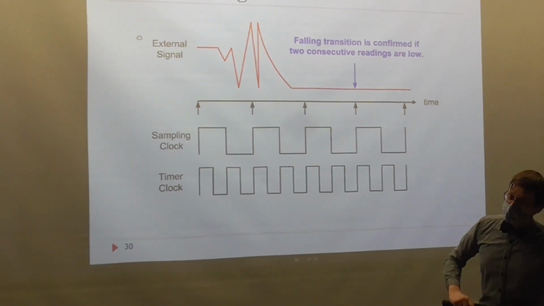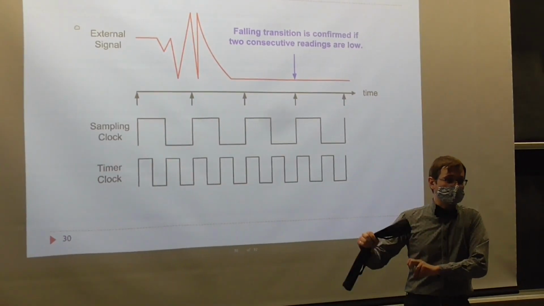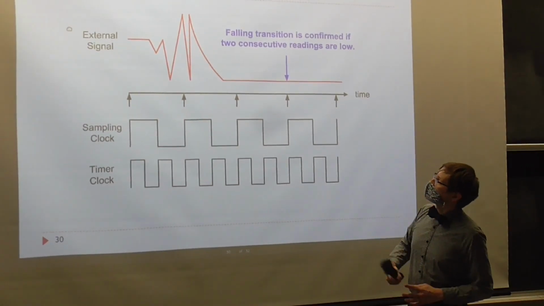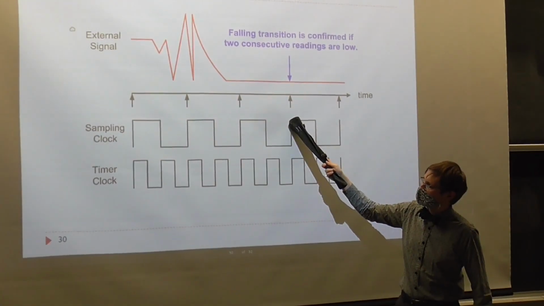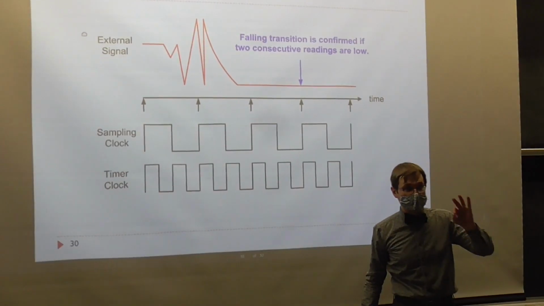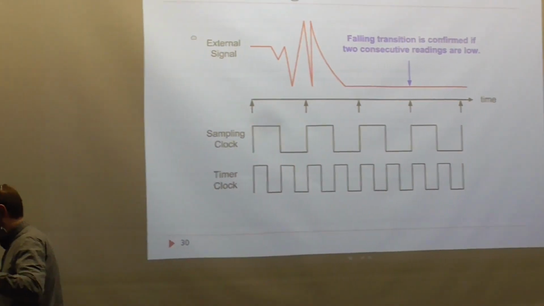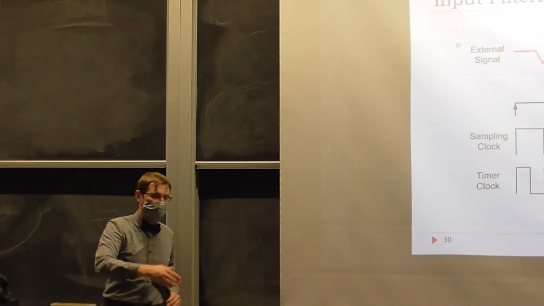But essentially, in order to verify that you actually have a falling edge, you can wait 2 clock cycles, 2 samples, and if both of those samples are low, then it's probably settled enough for you to count that as being the time.